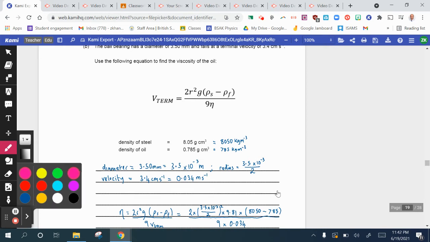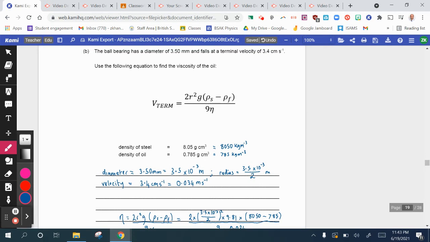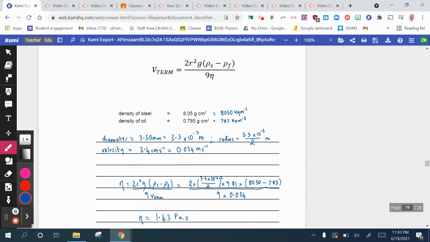Now, the velocity is 3.4 centimeters per second, and we need it in meters per second. Centimeters to meters, divide by 100, so that would be 0.034 meters per second. So we've got the velocity in the right unit. Now the only thing that we need is the density in the right unit.